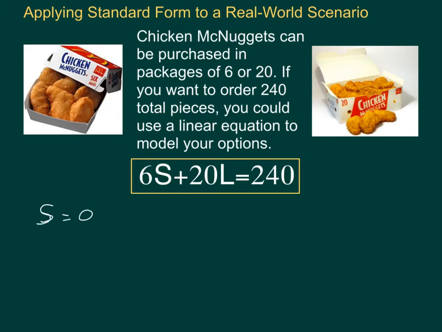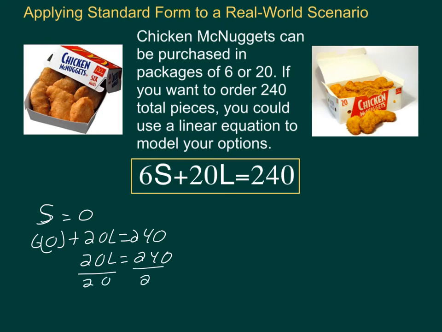If s equals 0, then I have 6 times 0 plus 20 times l equals 240. The 6 times 0 will disappear. I'll be left with 20l equals 240, divided by 20, I get l equals 12.